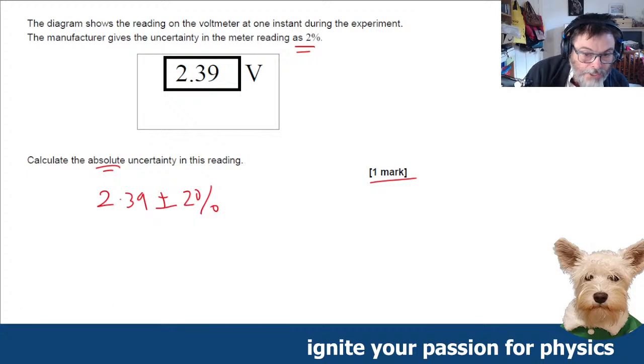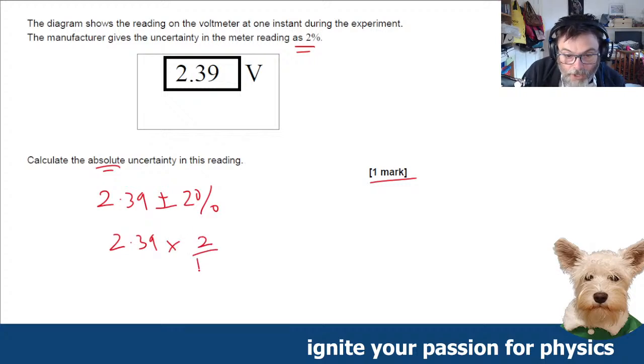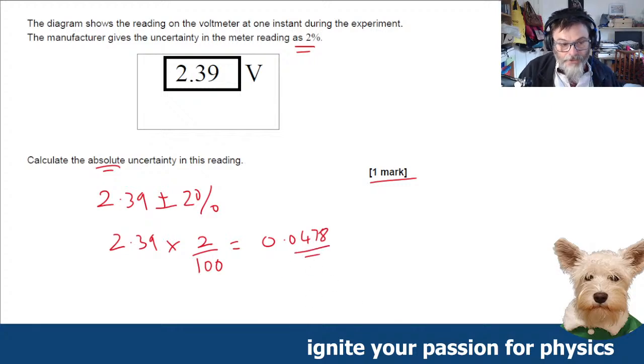So what we do then is we just need to work out what is 2% of our value here, and it's not that difficult. So we're going to do 2.39 times 2 over 100, because obviously that's 2%, isn't it? Which is going to be equal to 0.0478. And we just can't justify these sig figs, but I'll put them there for the moment.